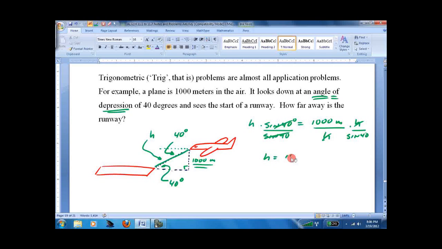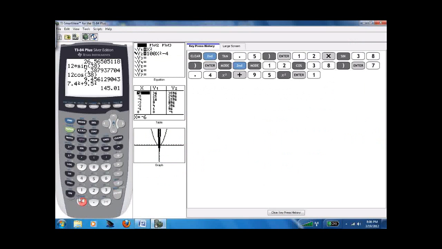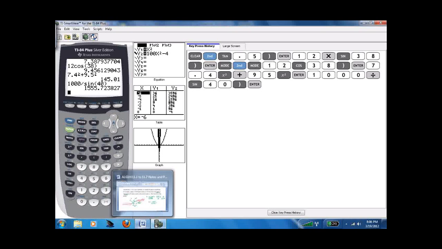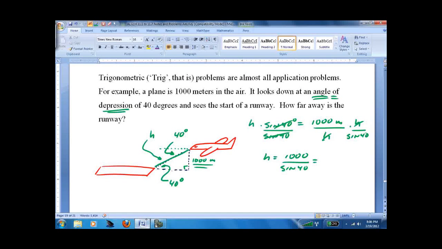H equals 1,000 over sine of 40. 1556 we'll go with. Since we're dealing with meters, meters. Very tricky stuff. Definitely take some practice, get good at it, but we'll keep it simple for the time being. Go forward from there. Good luck.